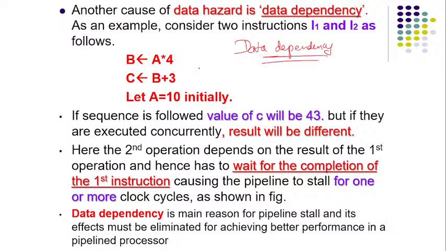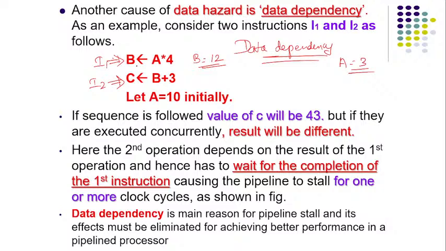For example, consider 2 instructions, first instruction and second instruction. Here you can observe, suppose the value of a is initially 3, so what is the value of b here? b is equal to 12, right?